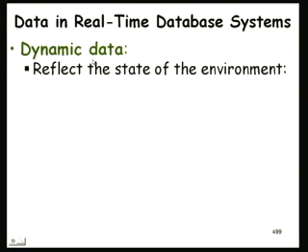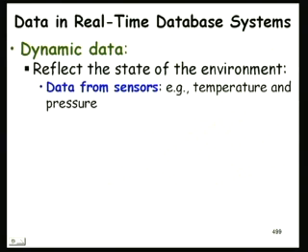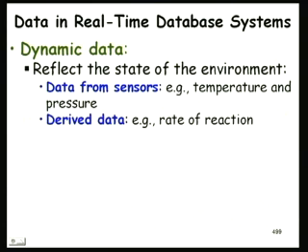The dynamic data typically reflect the state of the environment. In all the examples that we considered, there were sensors which were continuously monitoring some parameters of the environment, and that was reflecting the state of the environment. For example, temperature, pressure and so on.